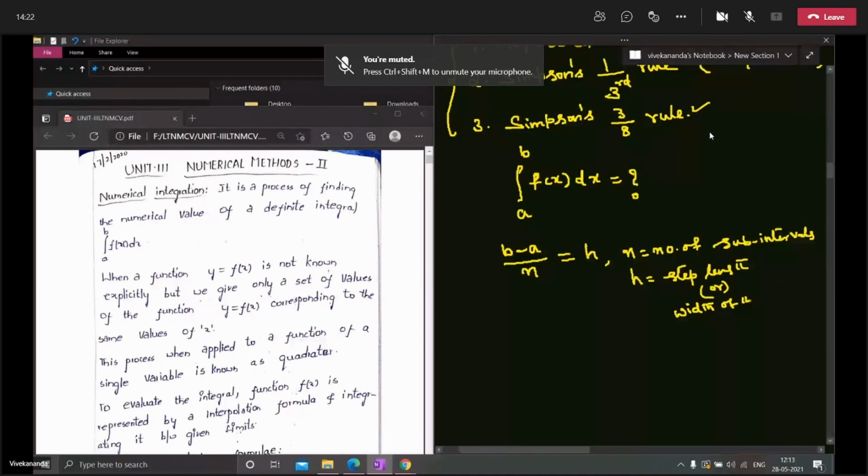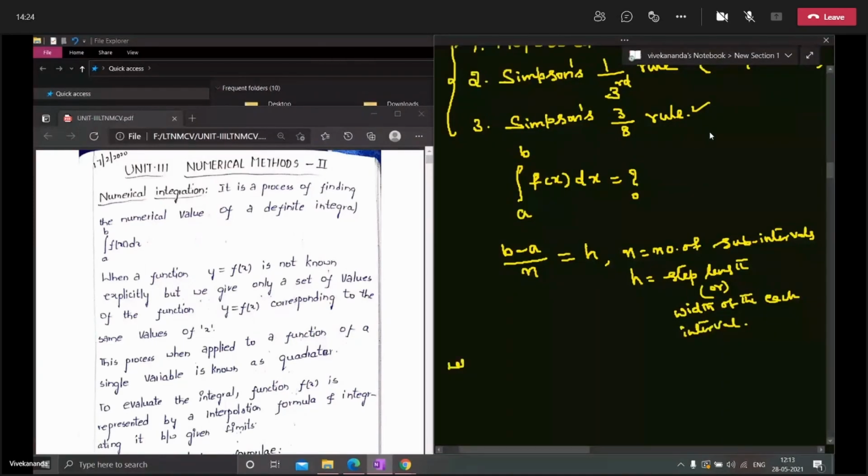So here let us take the initial point x0, the next one is x0 plus 1h, which is nothing but x1, x0 plus 2h is nothing but x2, and so on.